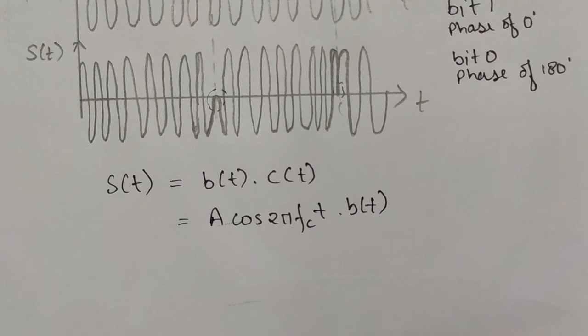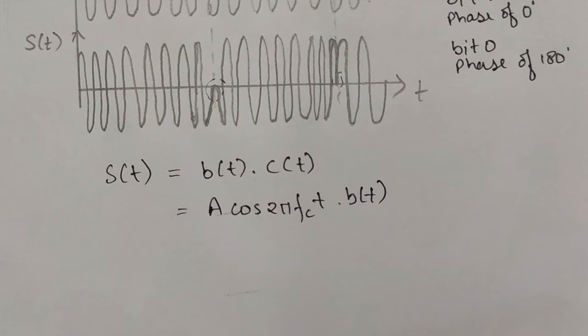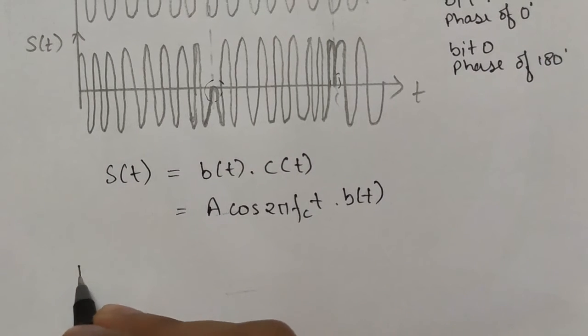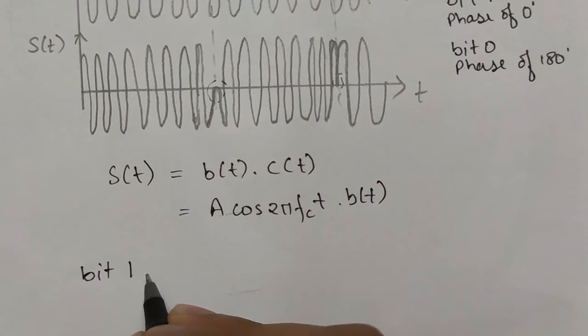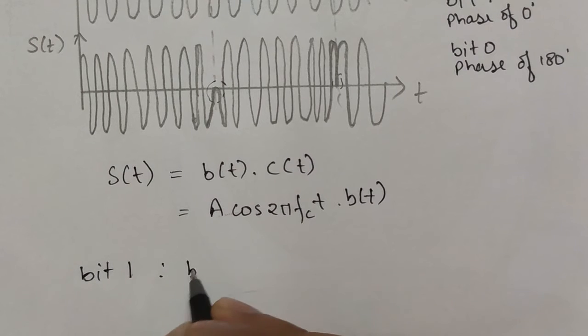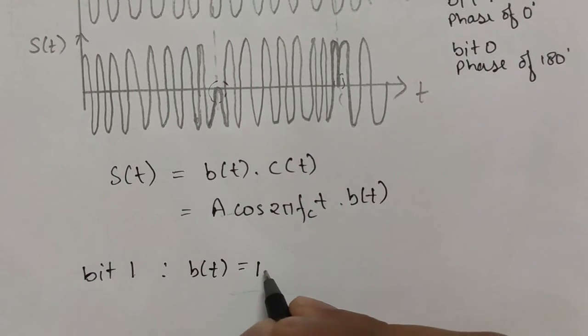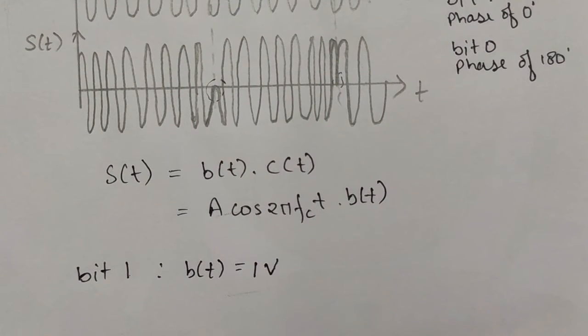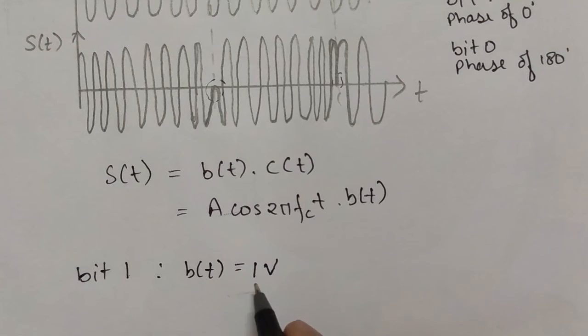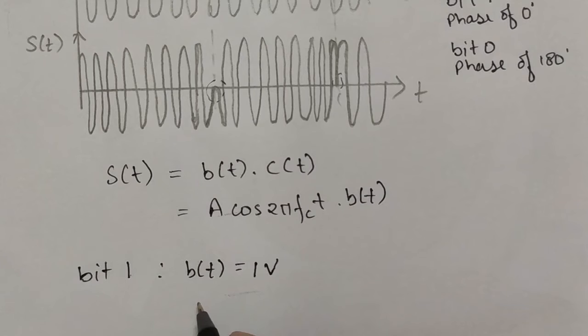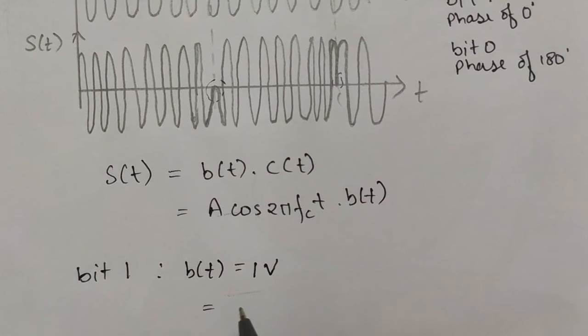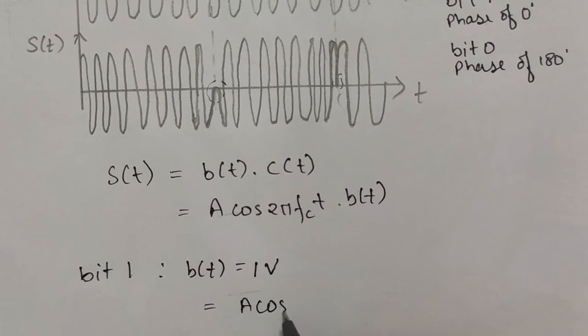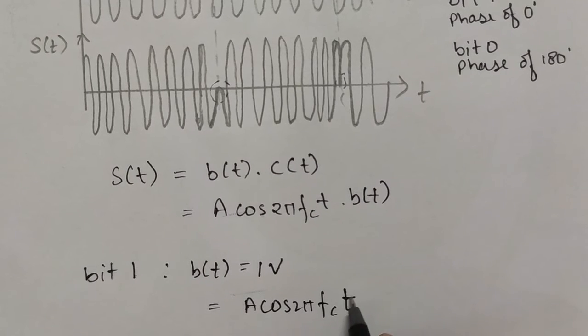For bit 1, we have B of t equal to 1 volt. Here we have taken 1 volt as an example for simple calculation. This is just a constant. You can take any value depending upon your system. So we get A into cos 2 pi fct.